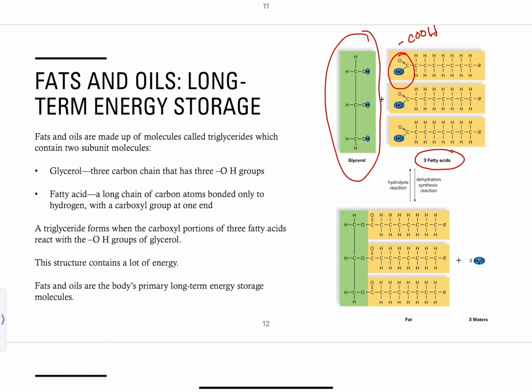So triglycerides are incredibly efficient at storing energy, and they pack more than twice the energy of carbohydrates, which is why our body stores them for long-term use. Oils also play a role, so things like waterproofing feathers, our hair, or even our skin if we're talking about animals.